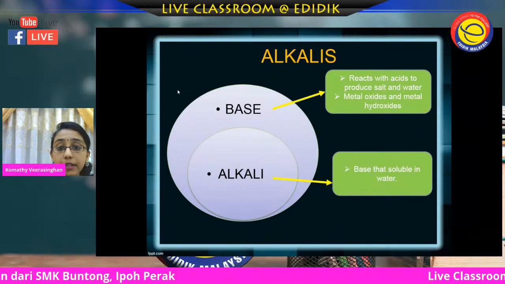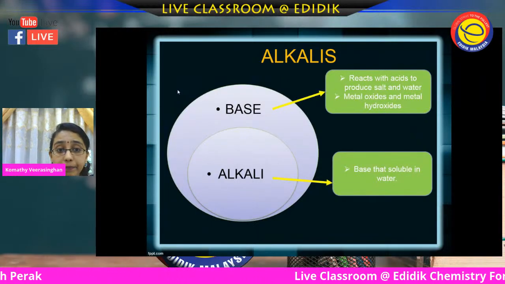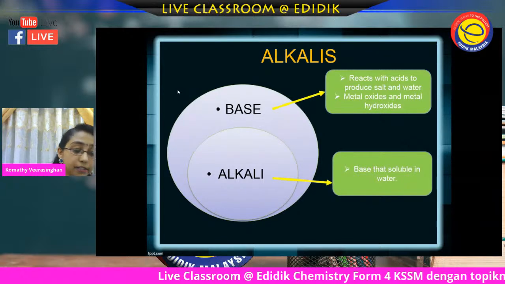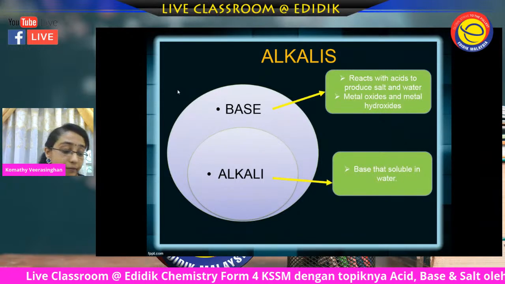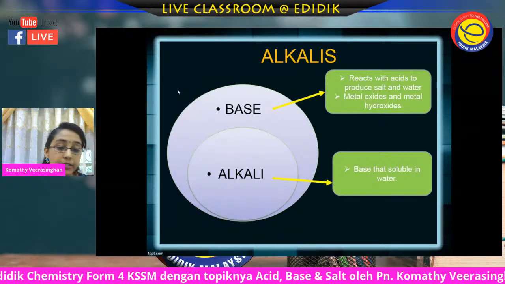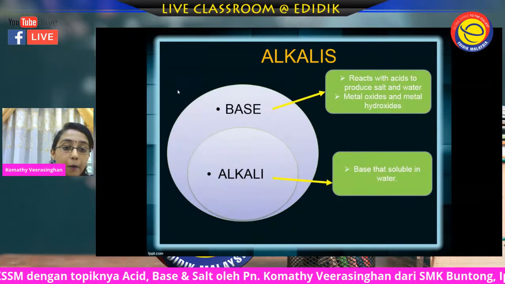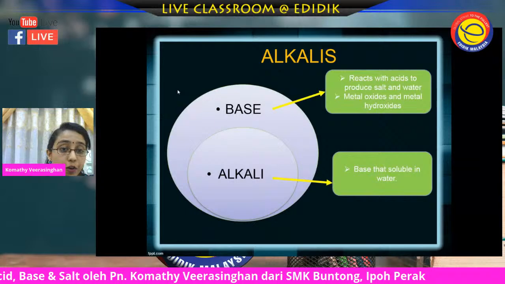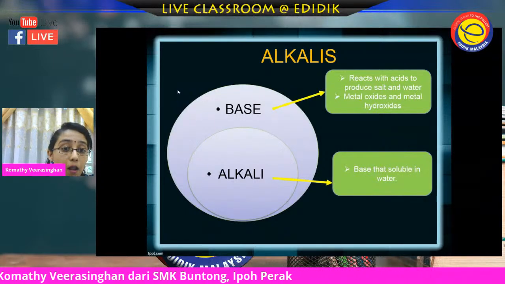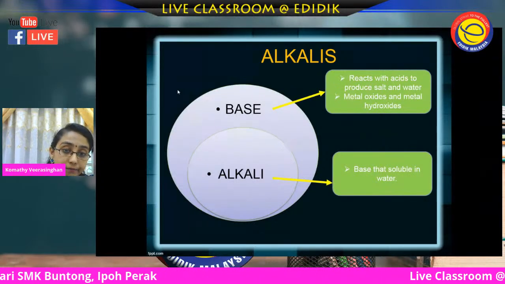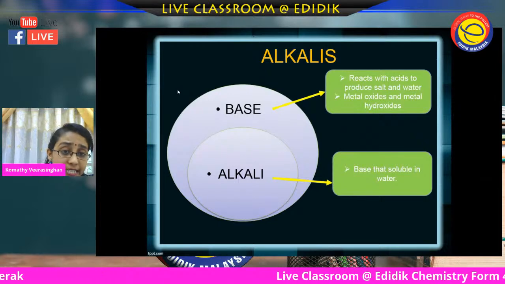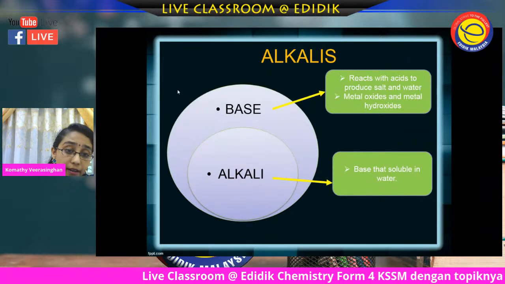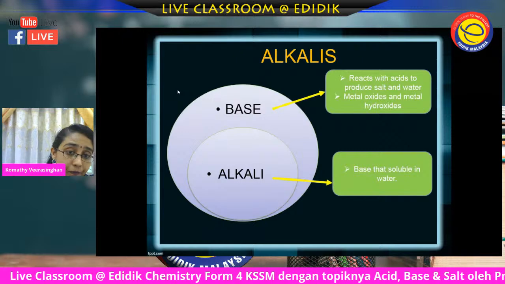So the conclusion can be said, I hope you can respond in the chat for this question. I can see your responses here. Okay. Now, please let me know whether it's true or false. All bases are alkali. If I say all bases are alkali, is it true?